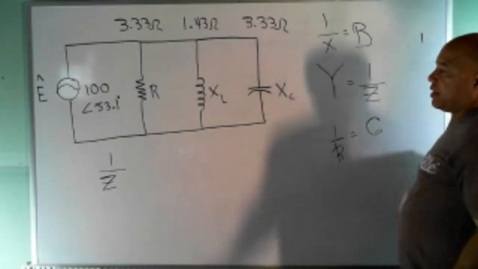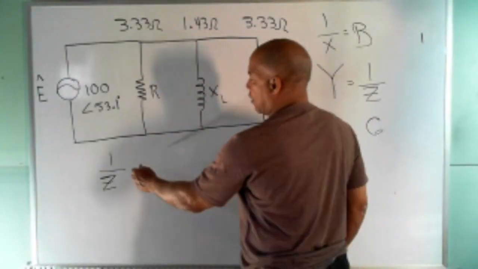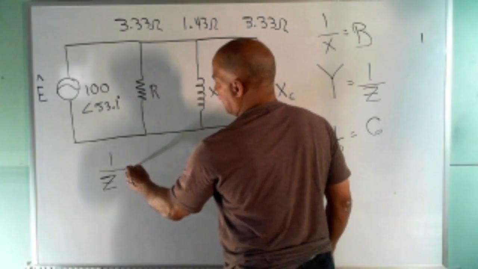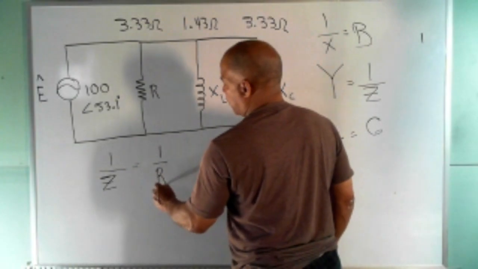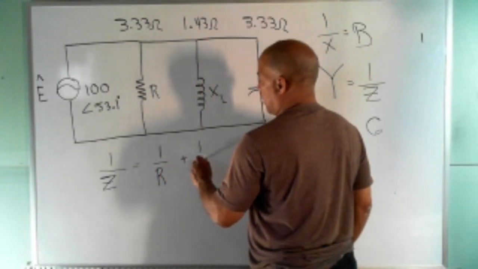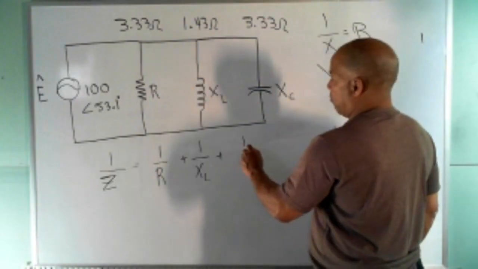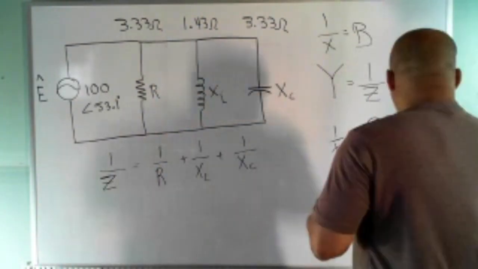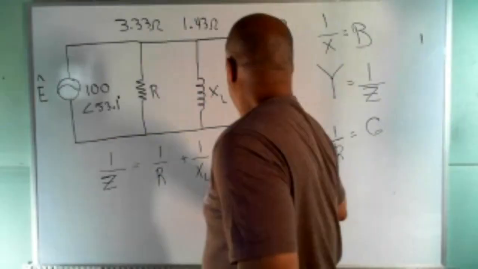They used a B for that. So we find the admittance over here, and then we'll invert that. So I just go 1 over the first branch, which has a resistor in it, 1 over the second branch, which has an inductor in it, 1 over the third branch, which has a capacitor in it. So we'll supply the numbers there, we'll calculate it, and see what we come up with.